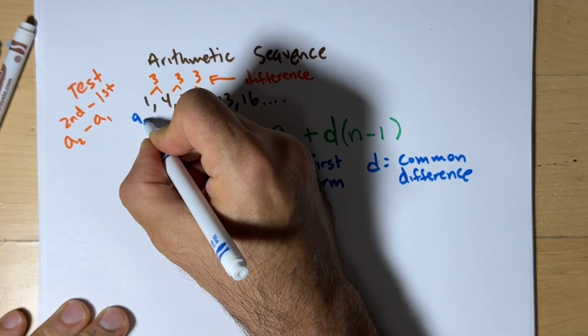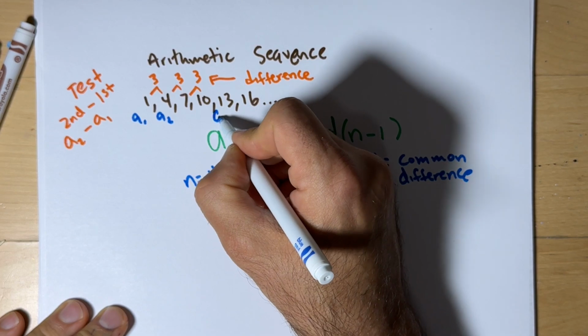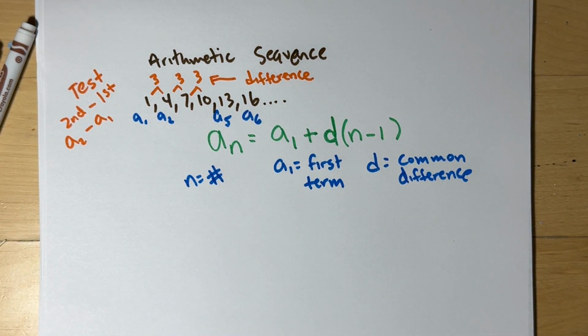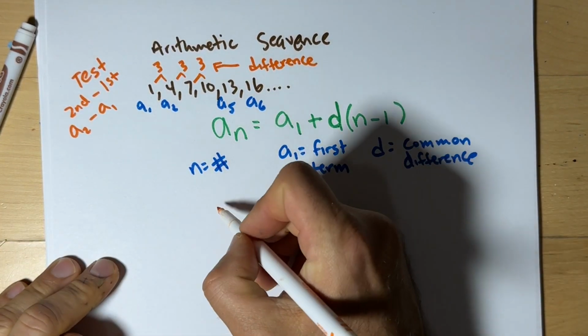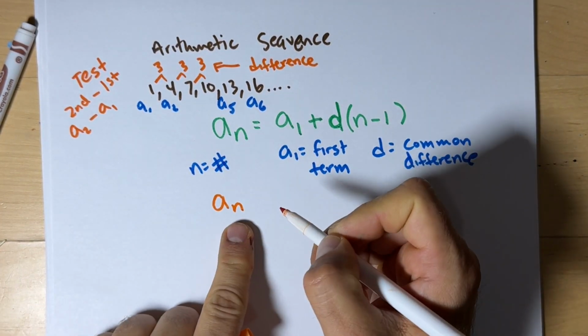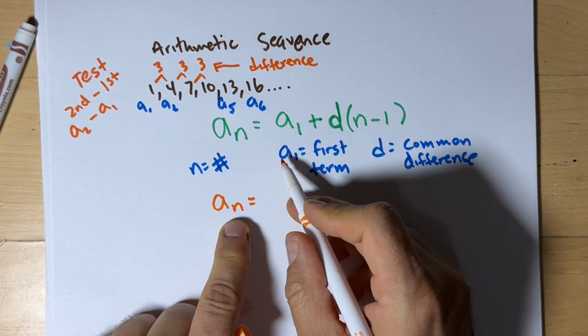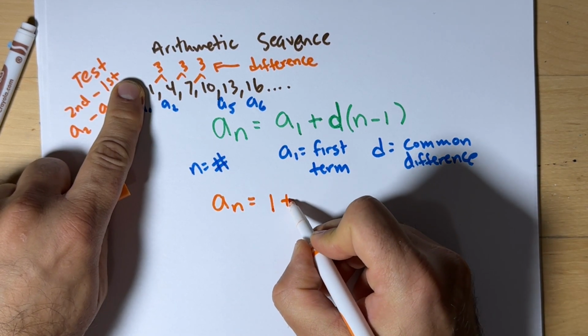So a1 is the first one, a2 is the second one, a3, a4, the fifth term, and the sixth term. So let's build our formula based on this pattern. Any number we want to find in the pattern, the 10th one, the 20th one, is going to equal the first number, 1, plus the difference.